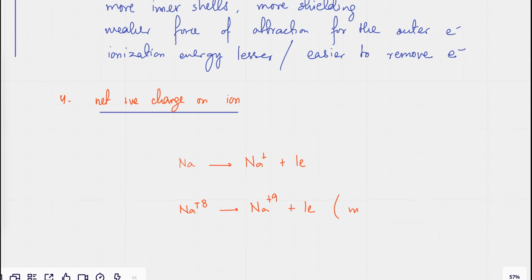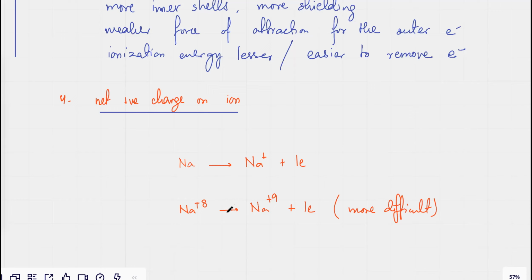But removing electrons from this would be more difficult, because if something has a net positive charge of plus 8, it's going to be attracting electrons. Something that is neutral overall would not really be attracting electrons that strongly. But something that is already plus 8 has a lot of positive charge, so it would have a very strong attraction for electrons.